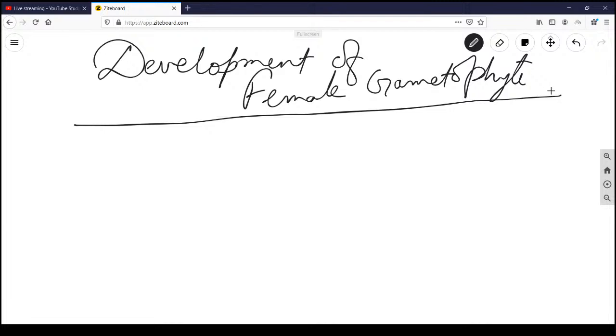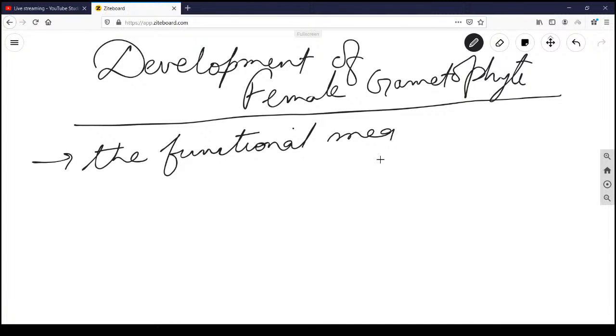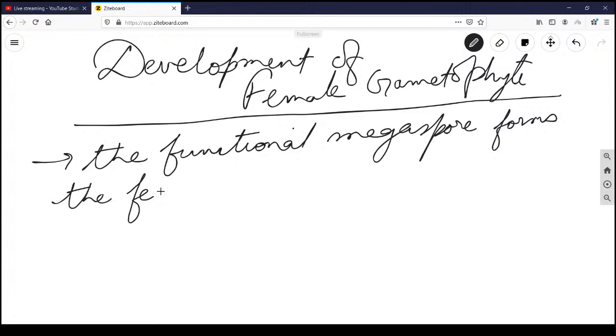Now, the functional megaspore forms the female gametophyte or embryo sac.